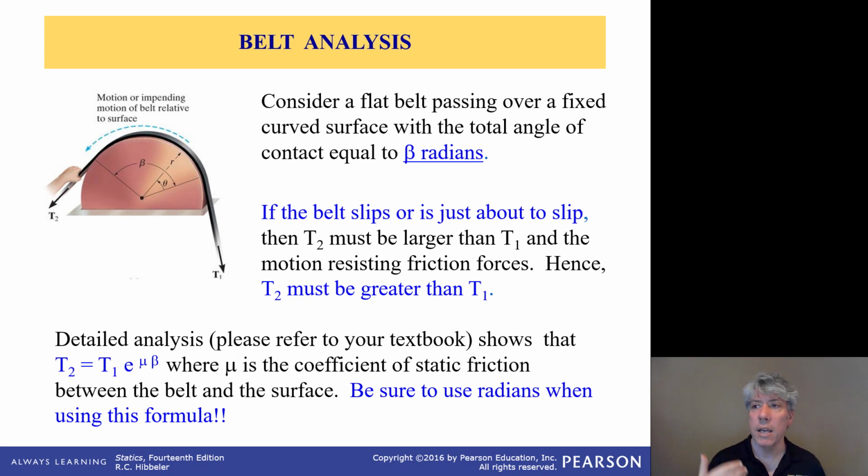We might be at the limit of slipping, but we're assuming there's no slippage. And then beta, of course, is the wrap angle, again, measured in radians. So make sure you know how to set your calculator in radians. Make sure you've written down that T2 is greater than T1, and make sure you know how to use the exponential function, because mu beta is multiplied together and then becomes the exponent for e in this equation.